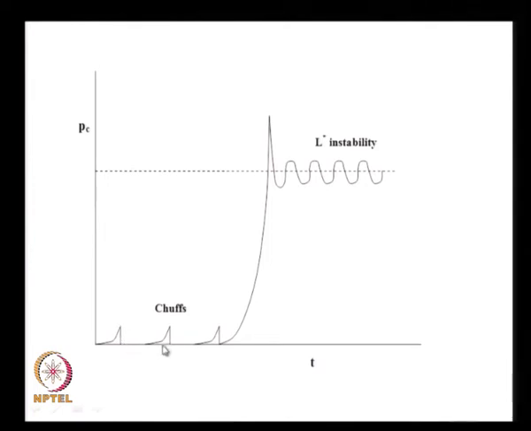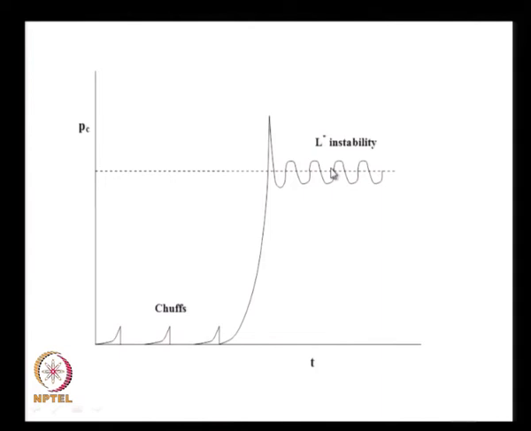You get these small oscillations in pressure which are due to ignition and hang fire situation rather than L star instability, which occurs when the chamber pressure has a finite value.